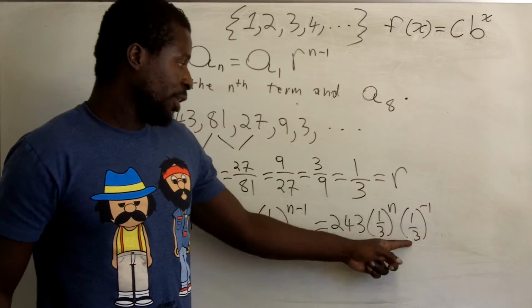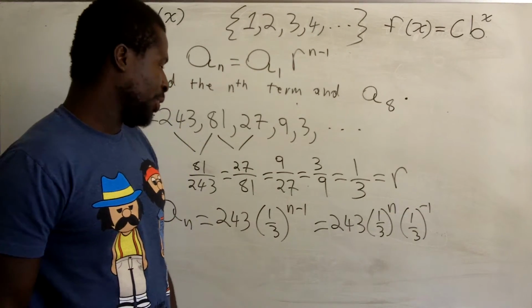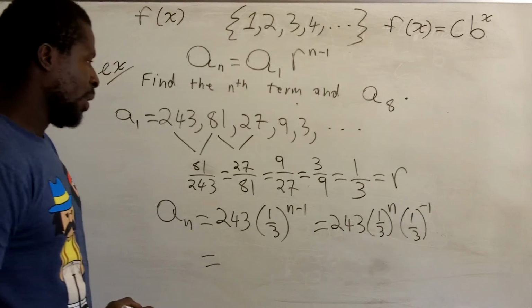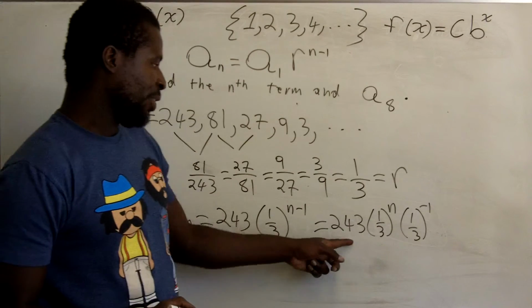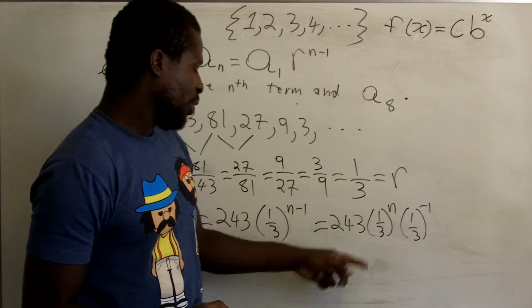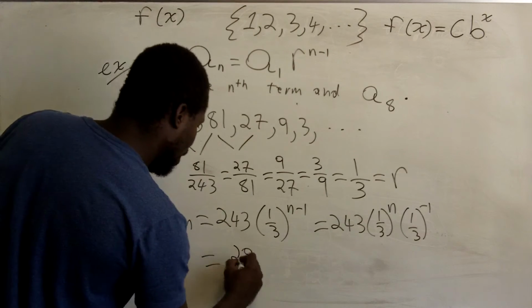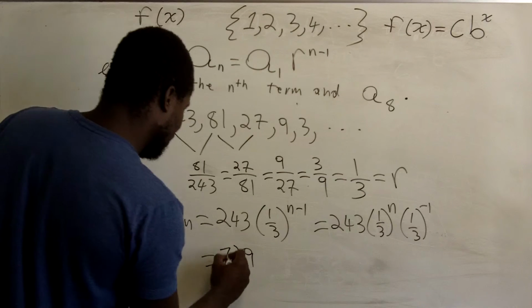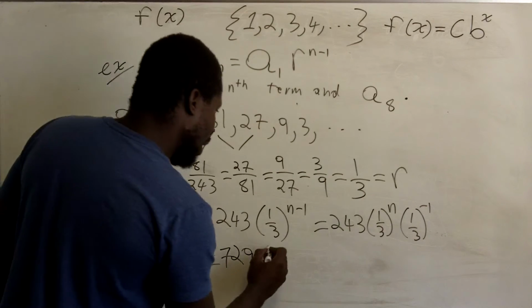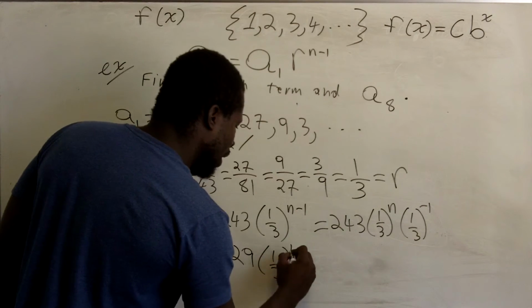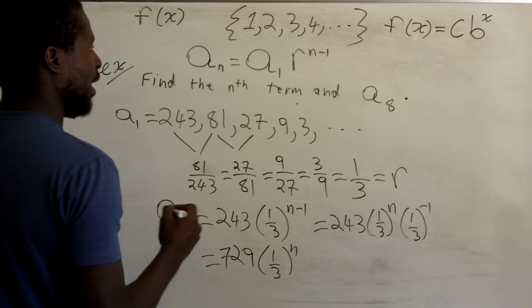And 1/3 to the negative 1 power is actually 3. When you multiply 3 by 243, you get 729 times 1/3 to the nth power. So I have my formula for an.